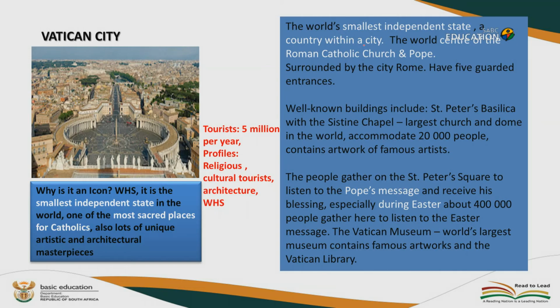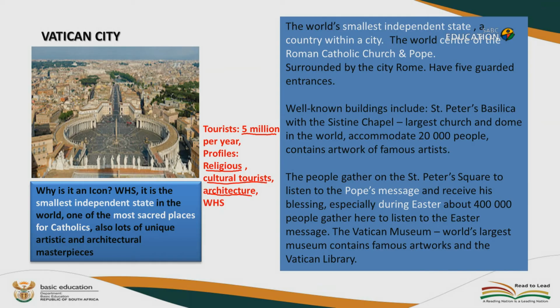And then we've got the Vatican City. Check, 5 million people per year are visiting. The type of tourist is the religious and cultural tourist. And then they say it is the world's smallest independent state, a country within a city, the world of the Roman Catholic Church and the Pope.